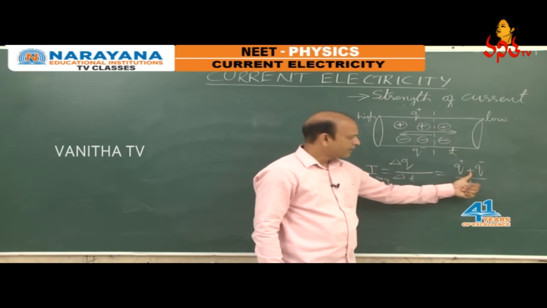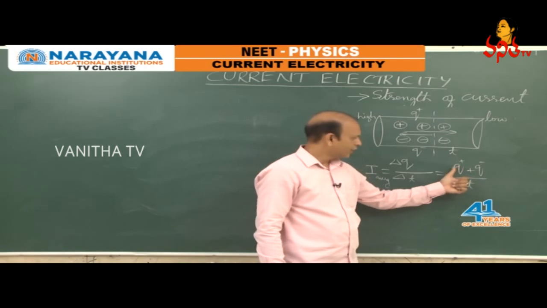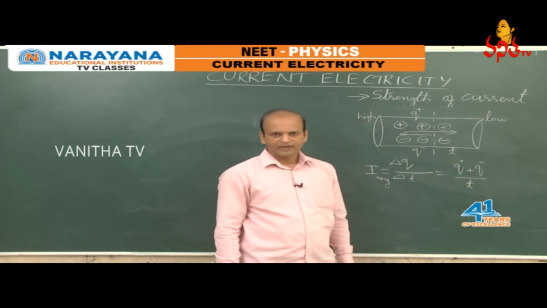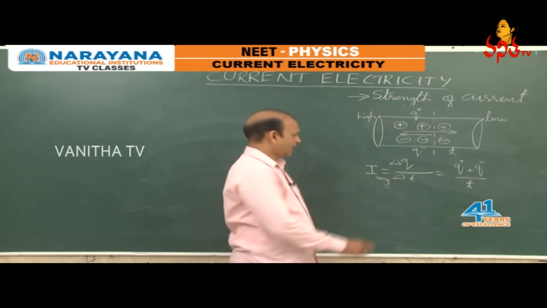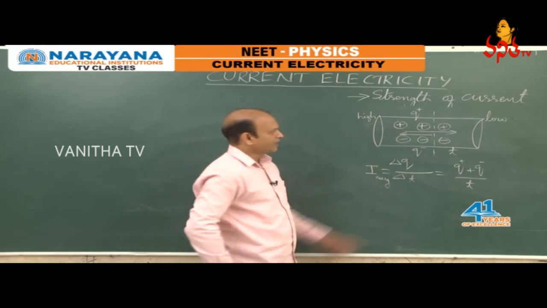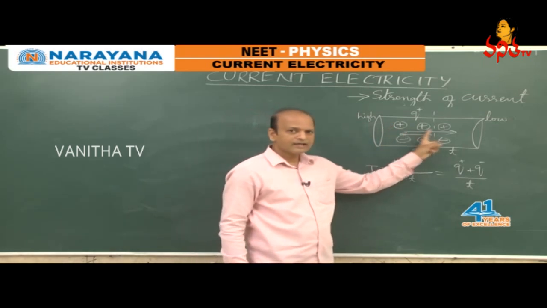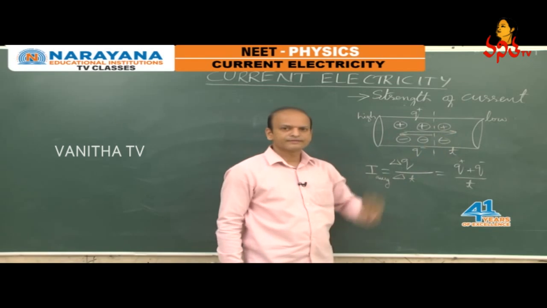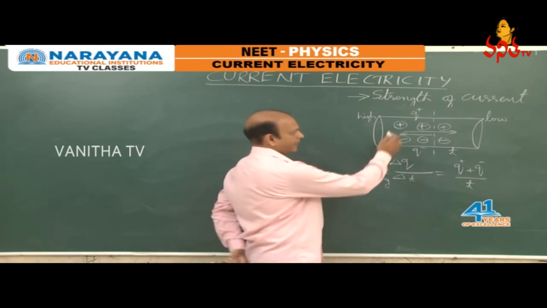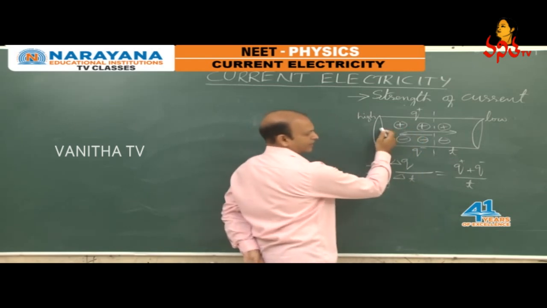So that's why the total amount of charge passing through this will be Q plus plus Q minus by T. For example, let us take one situation where positive ions are passing here in this direction.